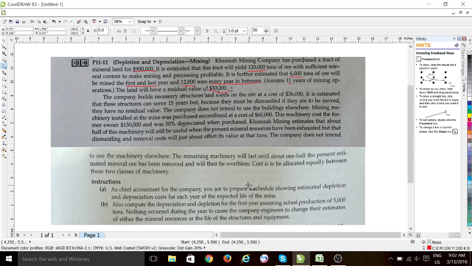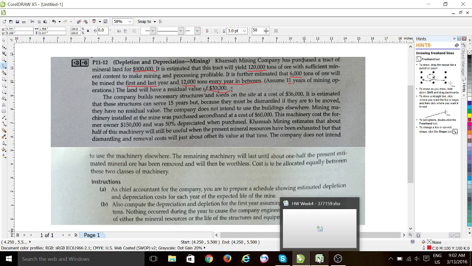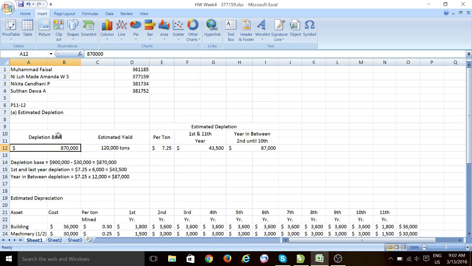So the first is to deplete the mineral resource. We have the depletion base of 870,000 because 900,000 minus 30,000, because we use the activity method, so we use the residual value.